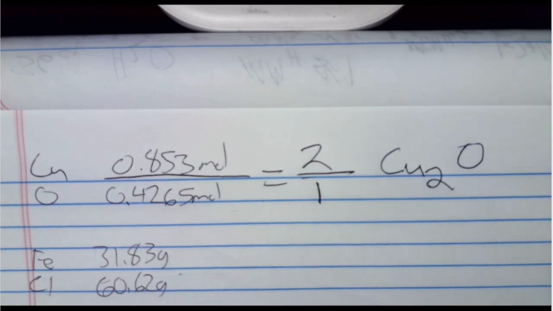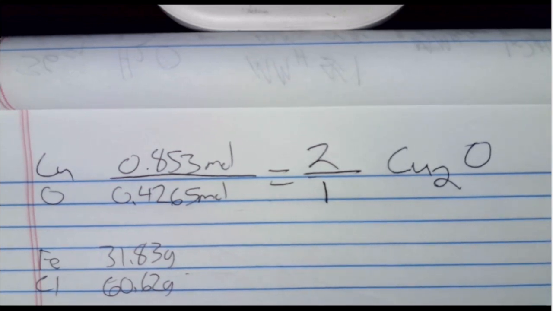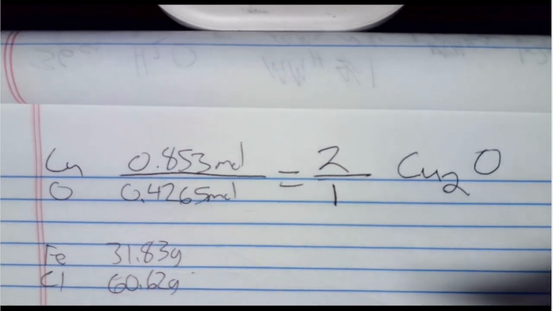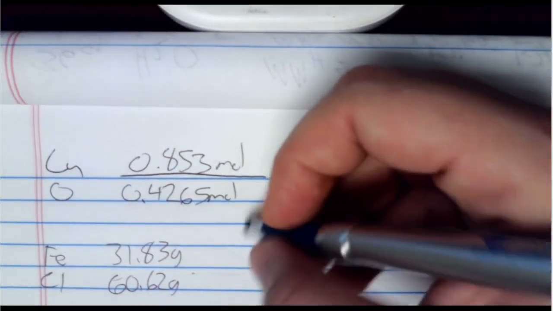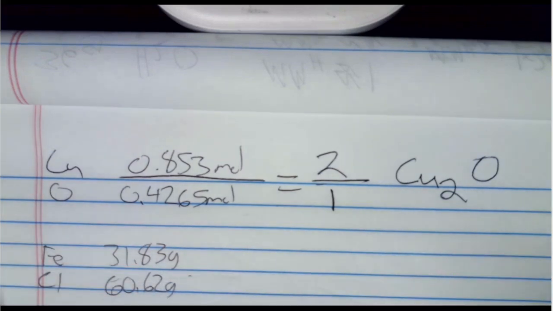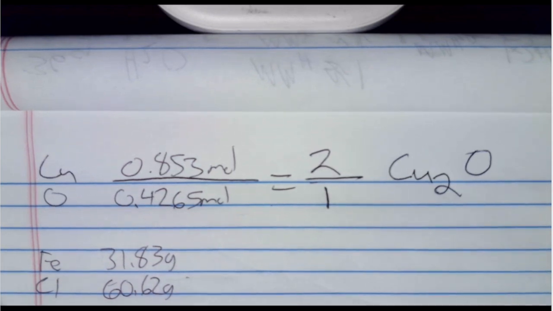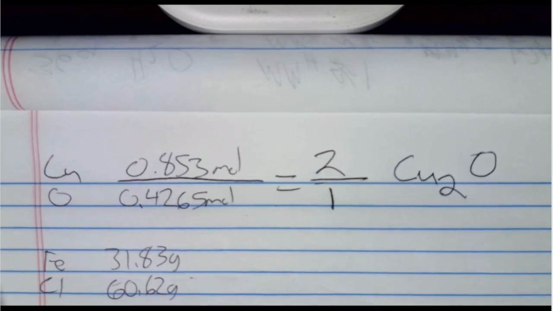What about iron chloride? Is it iron 2 chloride or iron 3 chloride? Which is it? Well, for this, we need our molar masses. We cannot just compare these, because if you just compared the grams, you would say it's about a 1-to-2 ratio, since iron weighs about half as much.